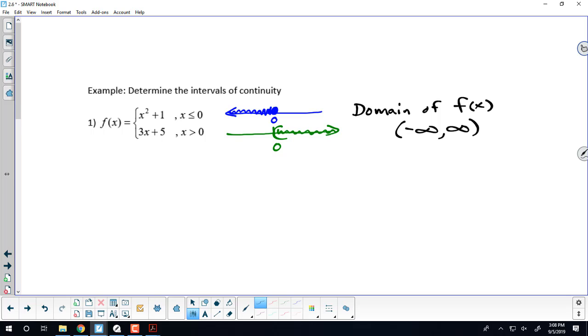But that doesn't necessarily mean that it's continuous on all real numbers. So where's the issue? At what x value do we have an issue? 0. At 0, right? Something funky might happen at 0, because one piece is defined there, the other piece is not.